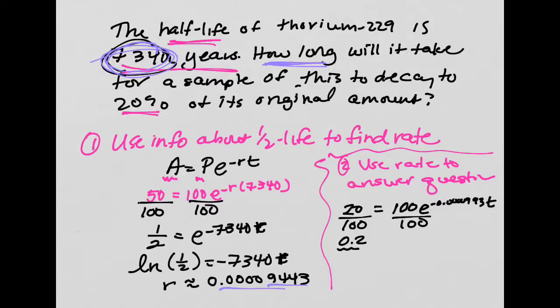You don't need to use an initial and a final amount when you have percentages. You could just stick in 2/10 or 1/5 or 0.2 or whatever you're most comfortable with. But if you need to, you could always go back to using 100 as an initial amount. So 0.2 is equal to e to the negative really small number.